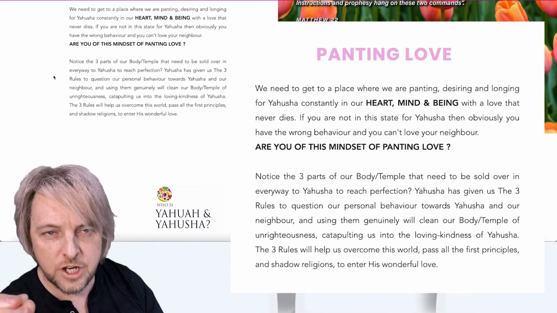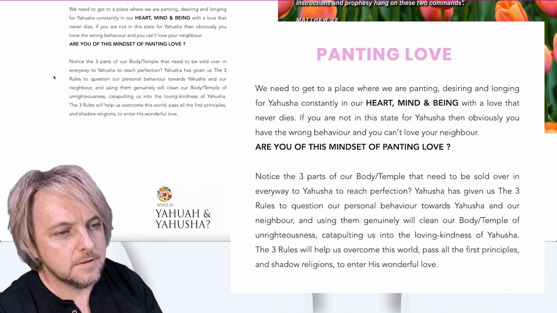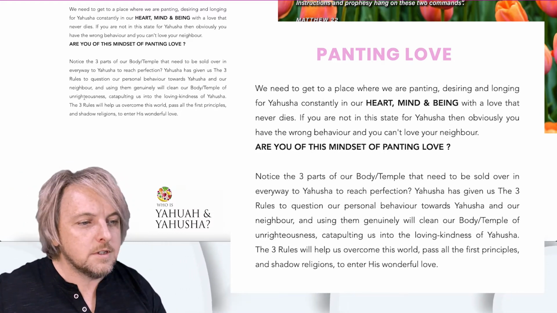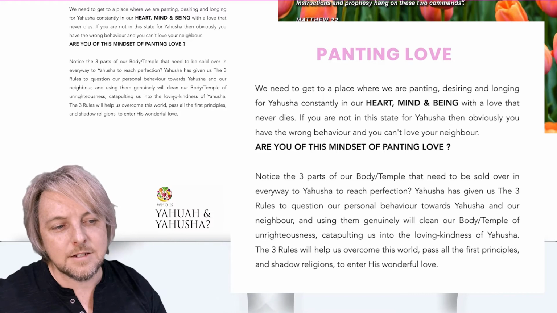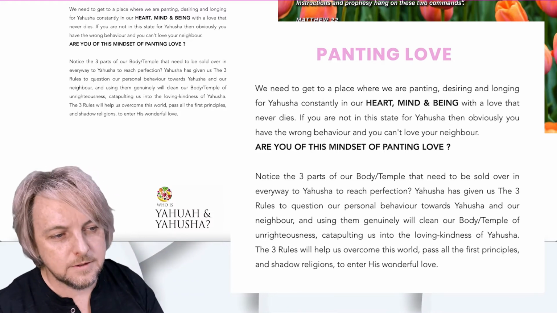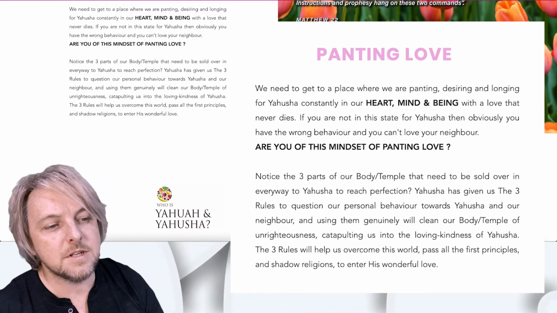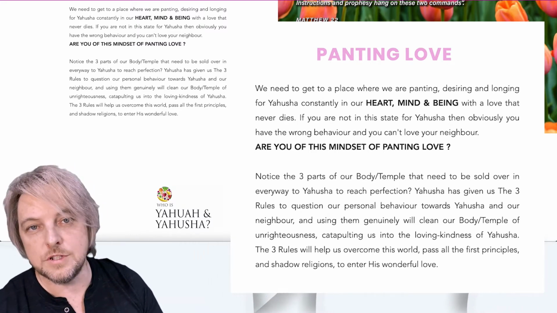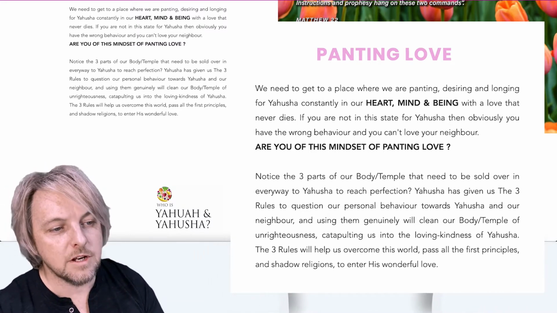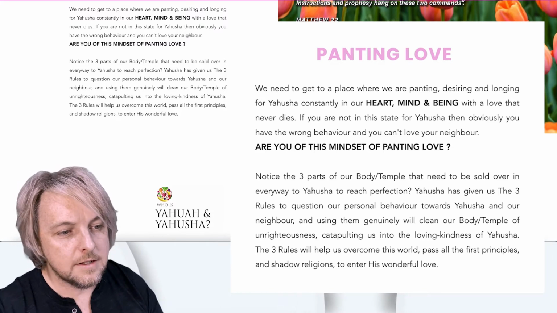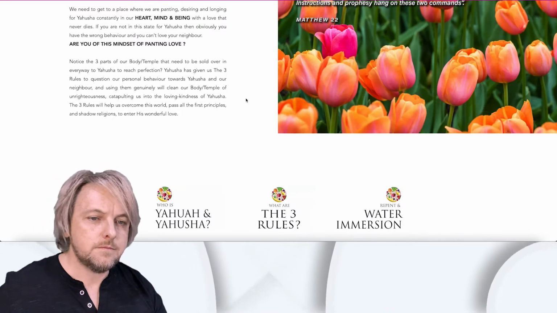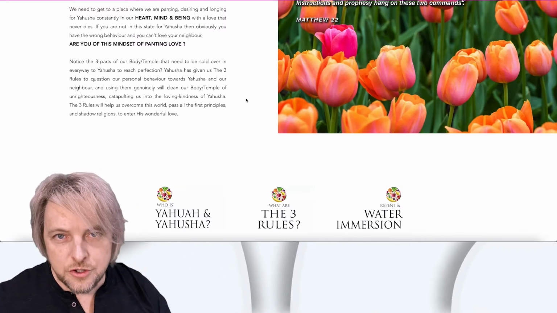No, it's got to be genuine, real. Using the 3 rules genuinely will clean out our temple of unrighteousness, catapulting us into the loving kindness of Yahusha. The 3 rules will help us overcome this world, pass all the first principles and shadow religions to enter his wonderful love. So that is what maturity looks like, guys.